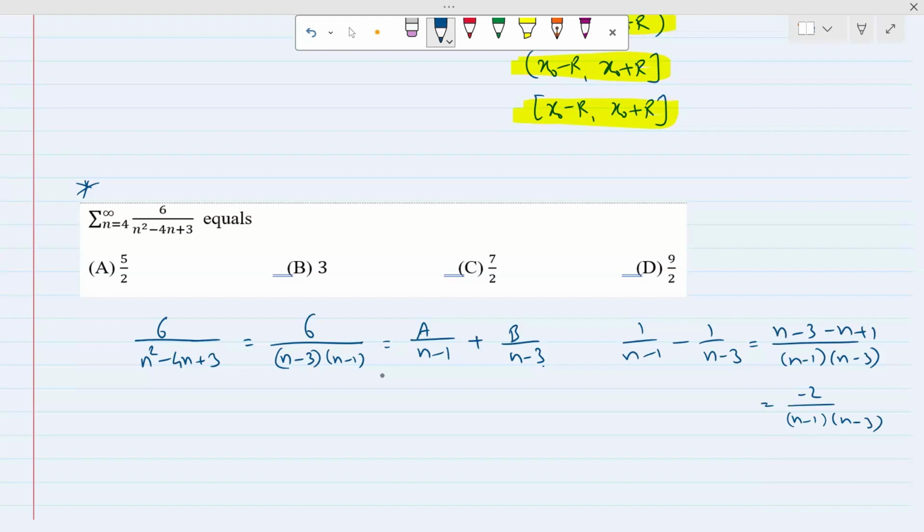So anybody got the partial fraction? Three times 1 upon n minus 3 minus 1 upon n minus 1.